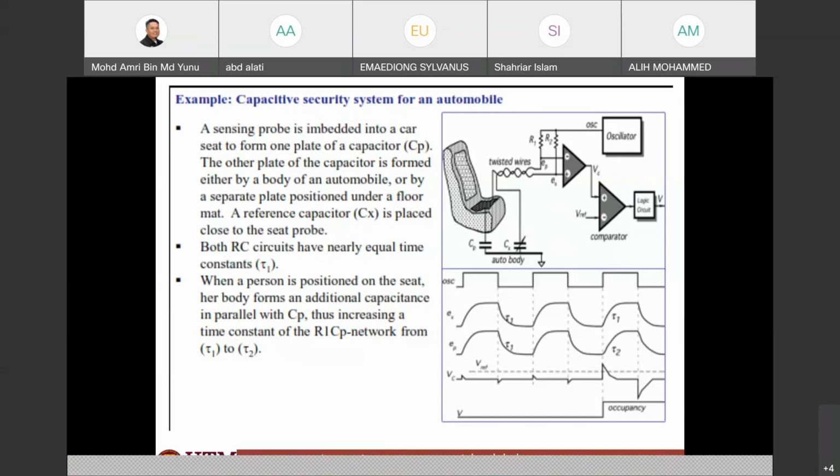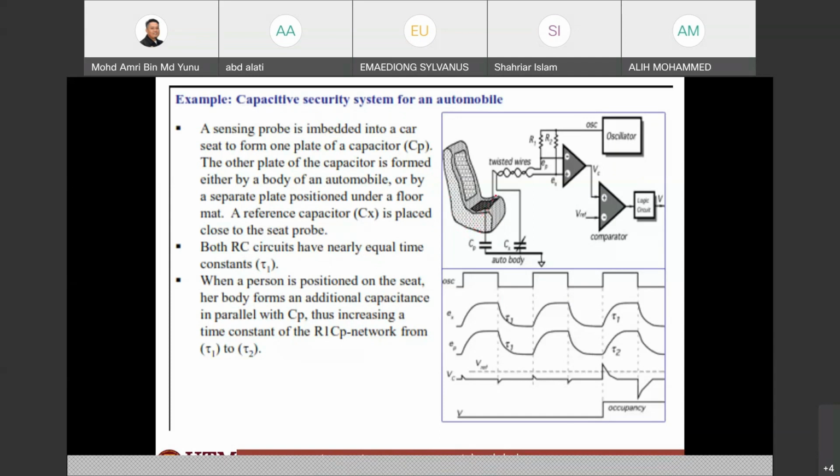So in this application, there is a sensing probe, which is one of the capacitor plates, placed under the seat, and the other plate is in a fixed position under another part of the seat.